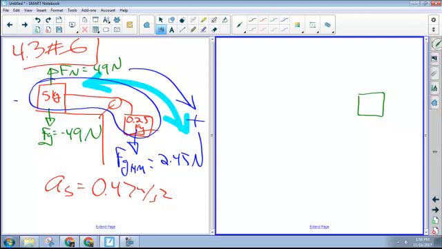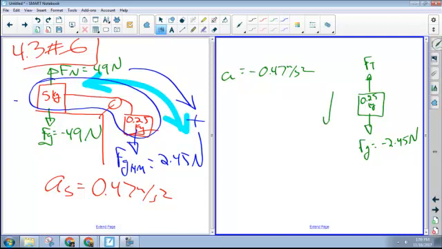All right, but you said the little one, so let's do it. 0.25 kilograms. So, force of gravity is negative 2.45 newtons. Tension is holding it up with some amount of force. We know our acceleration is 0.47 meters per second squared, negative, because it's going to accelerate this away.